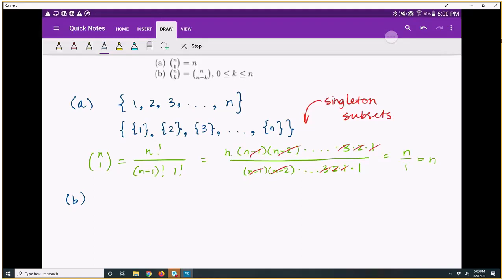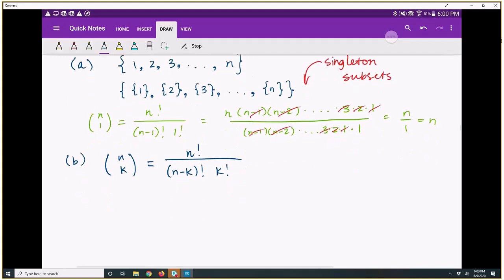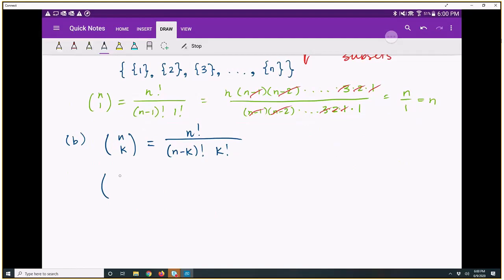So if we wanted to show that using the formula, n choose k is equal to n factorial over n minus k factorial times k factorial. Starting from the other side, if I have n choose n minus k, that should be equal to n factorial over n minus k factorial times n minus k factorial.